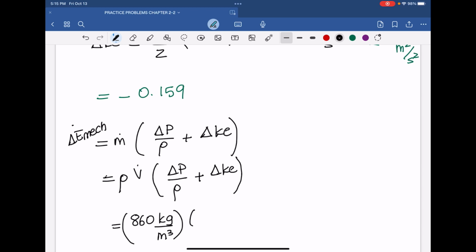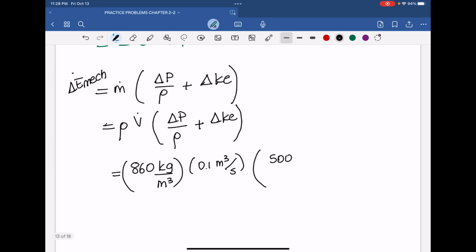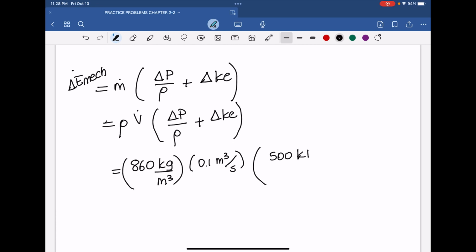Volumetric flow rate is 0.1 meter cube per second. Pressure change is 500 kilopascal over density.